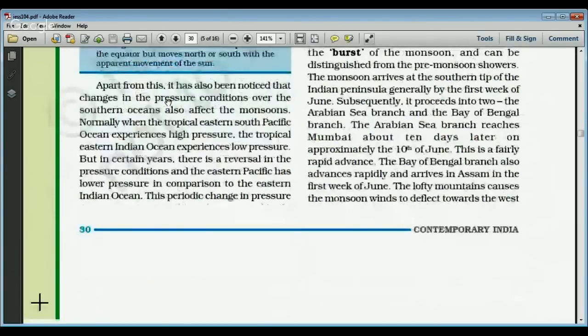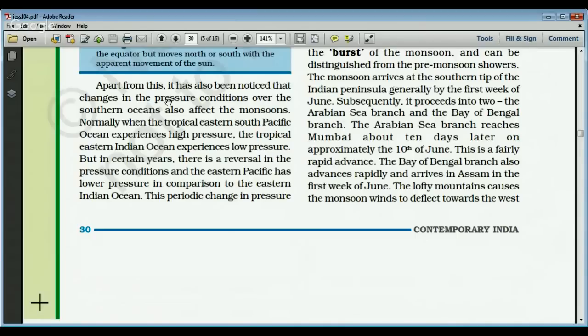And apart from all this, it has also been noticed that changes in the pressure condition over the southern ocean affect the monsoon. Normally, whenever the tropical eastern South Pacific Ocean experiences high pressure, the tropical eastern Indian Ocean experiences low pressure.